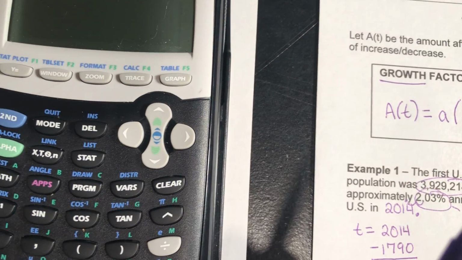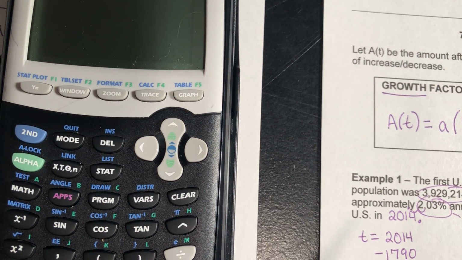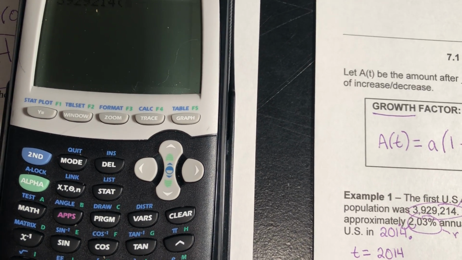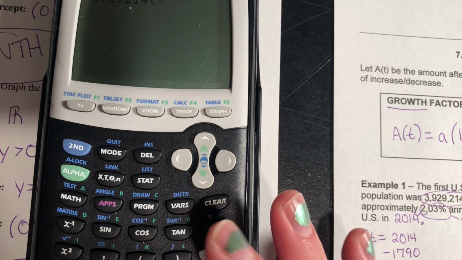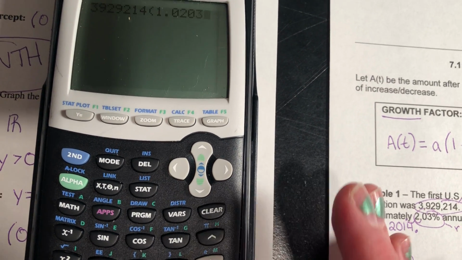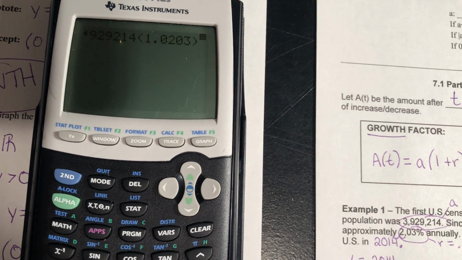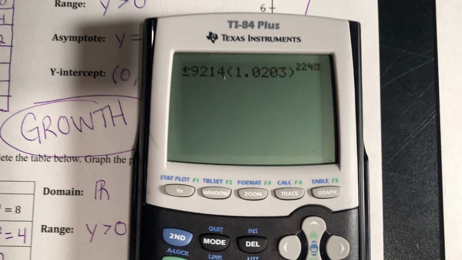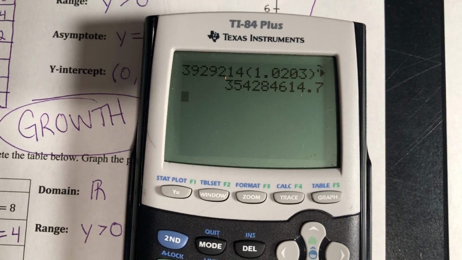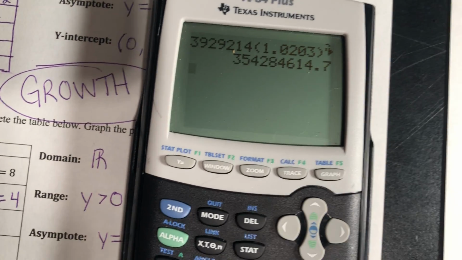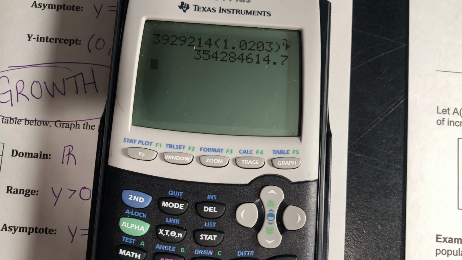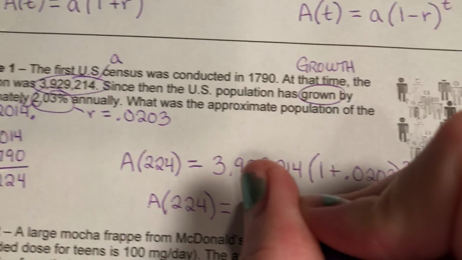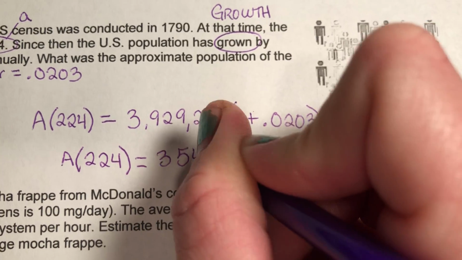We have 3,929,214 times, well, 1 plus 0.0203 is 1.0203. And we're going to raise that to the 224th power. Sorry, I was a little bit blurry there. Click equal, and we have our A of 224. So our answer is going to be this big number right here.